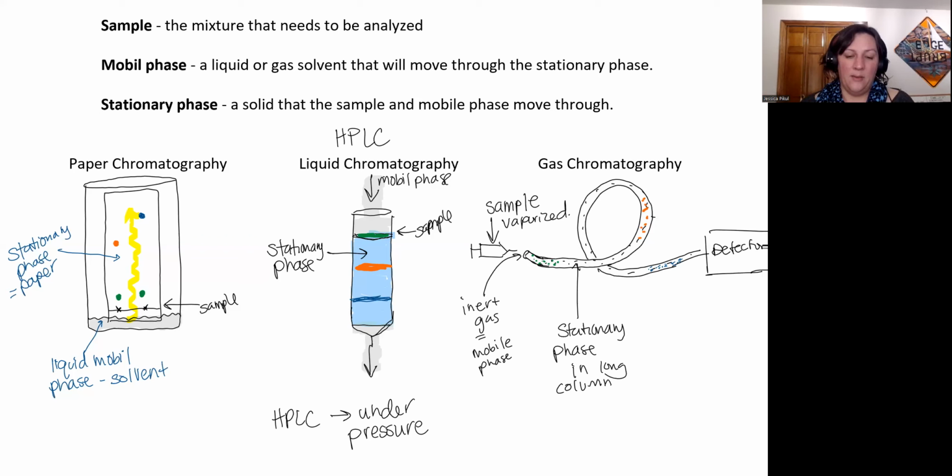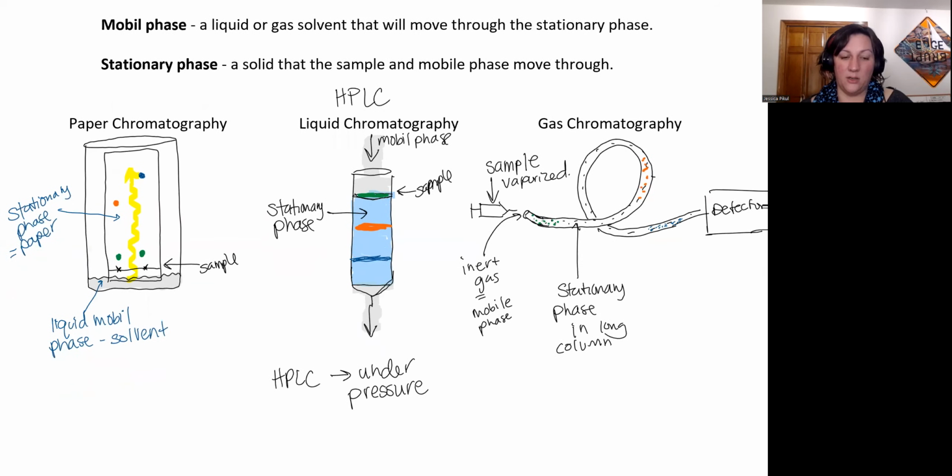All three of these styles of chromatography will require a form of detecting our samples once we've separated them. And there's a lot of different styles for that. Mass spectroscopy is one of the likely ones that we use a lot, or UV-vis spectroscopy or flame ionization detection.